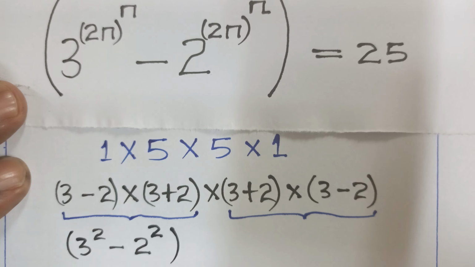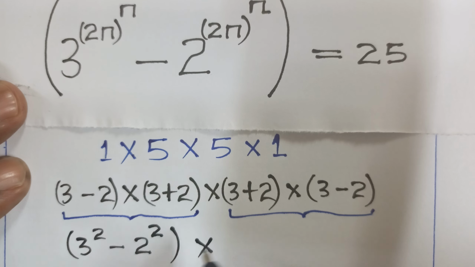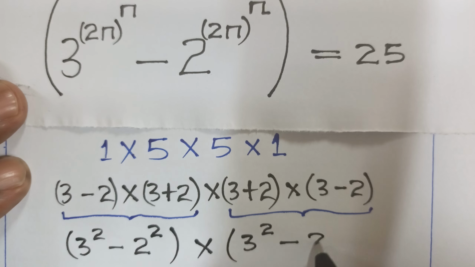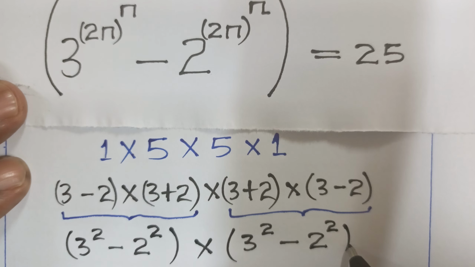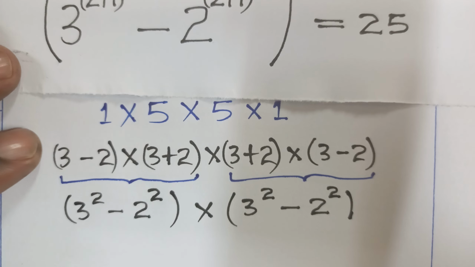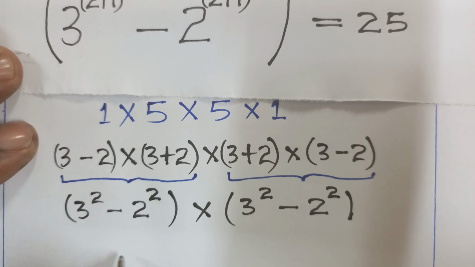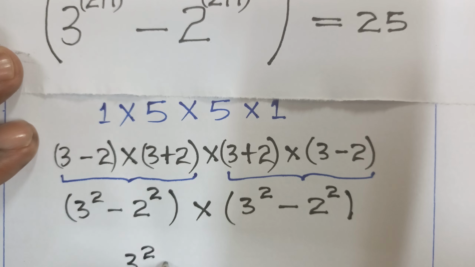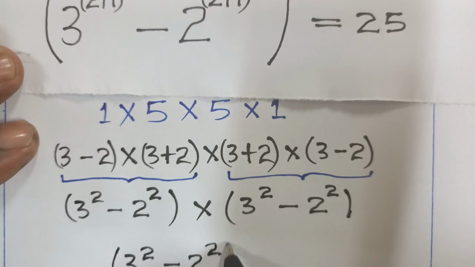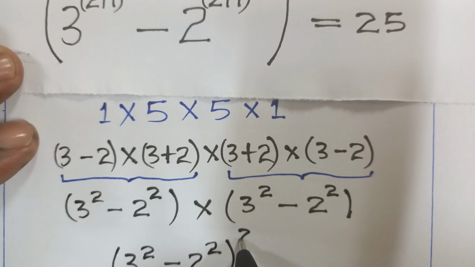And times again on this side, we shall have 3 squared minus 2 squared. And so guys, this now will give us 3 squared minus 2 squared. All that now is going to be squared.